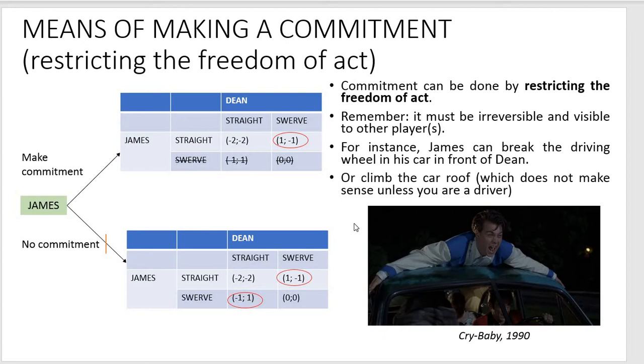So basically, it just proves that the person responsible for the plot was really bad in game theory. So what I mean is that in this case, the strategic move is a very stupid move. It makes no sense because, again, another person is driving. So by climbing on the roof, you do not restrict your freedom of action in any way.